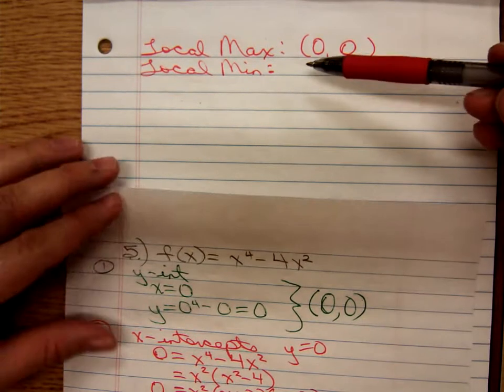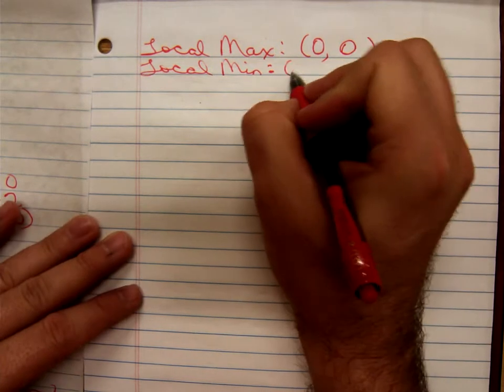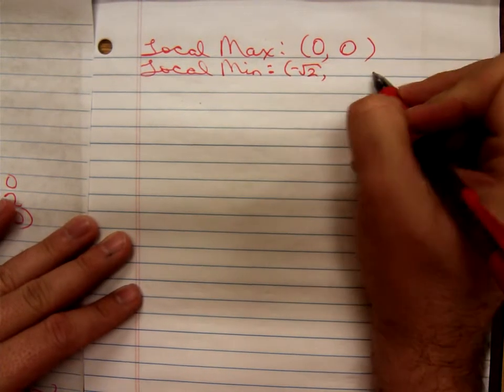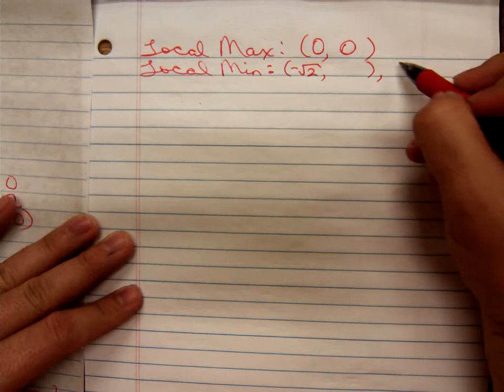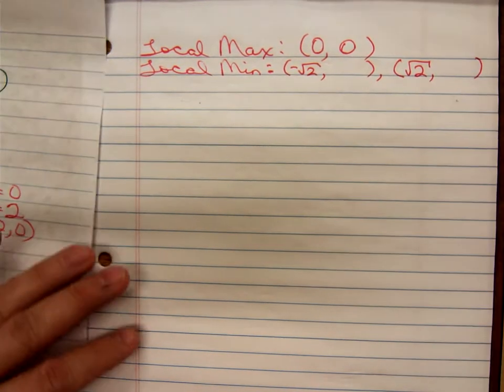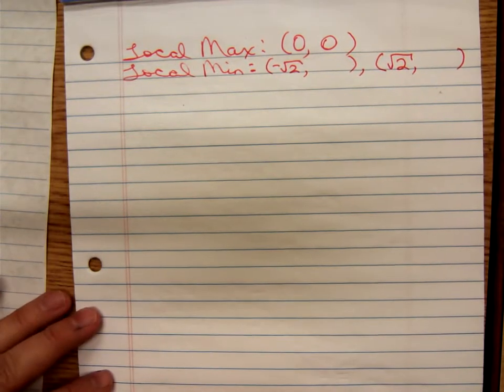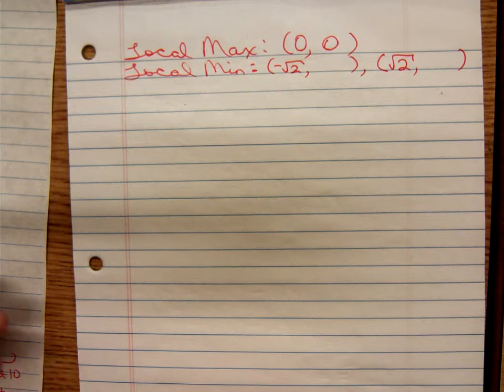Now for the local minimums, first of all, we take negative square root of 2 and plug that in. Then we'll take positive square root of 2 and plug that in to get our y coordinates.